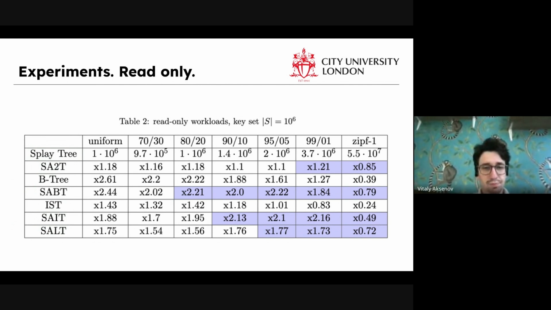In the requests experiment, as you can see, the blue ones mean that our self-adjusting B-tree outperforms the corresponding B-tree. And sometimes our self-adjusting interpolation search tree also outperforms the B-tree. Sometimes, for example here it's 2.16, which is bigger than everything here.